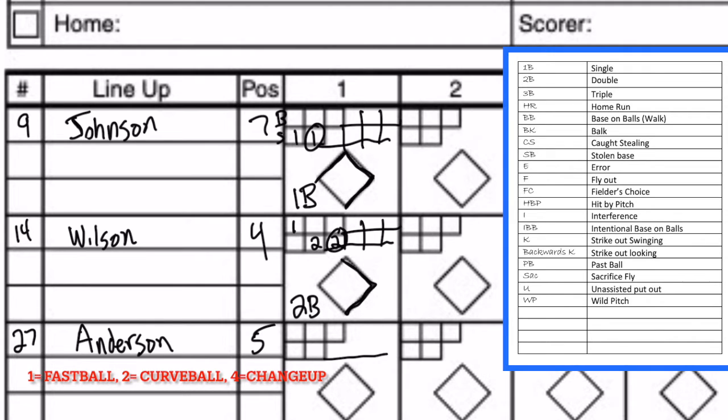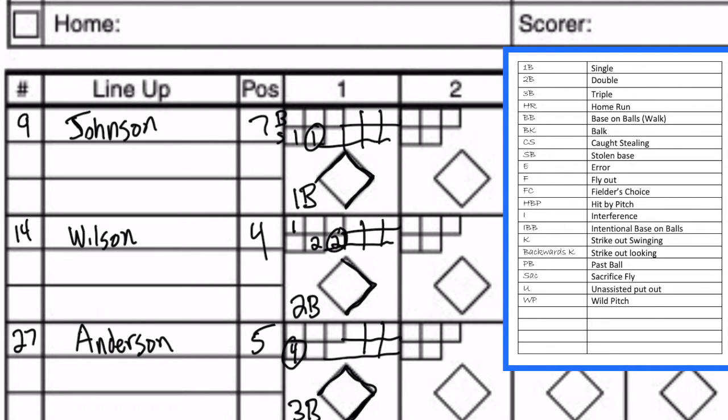Coming down to Anderson. Anderson's going to see a changeup first pitch, so we're going to indicate that with a 4, and that's going to be a strike, and he's going to swing at it. So we circle it, and he's going to hit a triple. We indicate that with 3 lines.